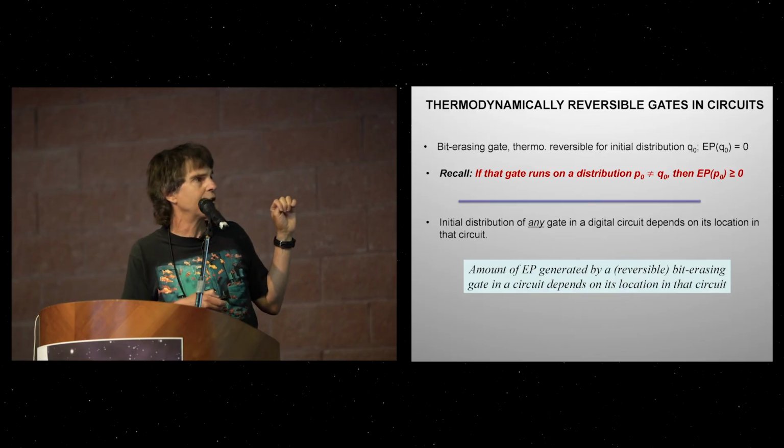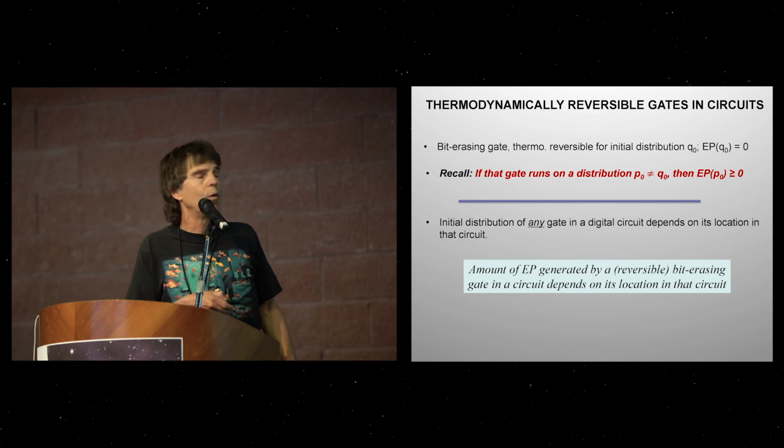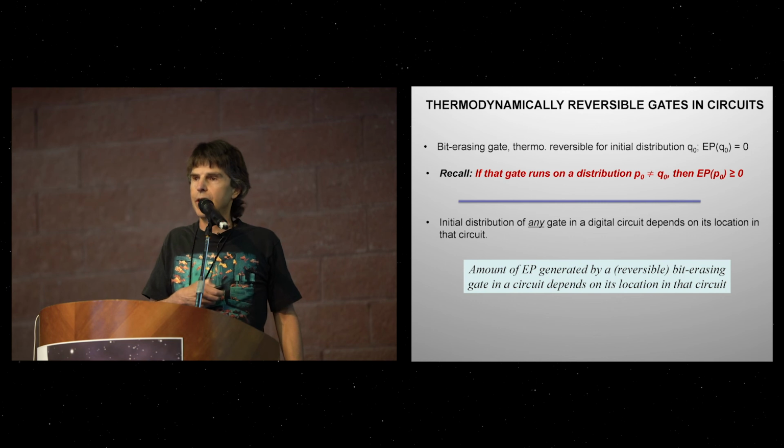Well, then the initial distribution of any one of those gates will depend on where it occurs in that circuit, because as you go down a digital circuit, whatever your initial distribution of inputs into the circuit was, it gets transformed as that distribution gets propagated through the circuit. So the distribution of initial states of your gates is going to vary greatly depending on where it is in the circuit. Therefore, we know that the amount of entropy production generated by this reversible bit erasing gate will depend on its location in the circuit.